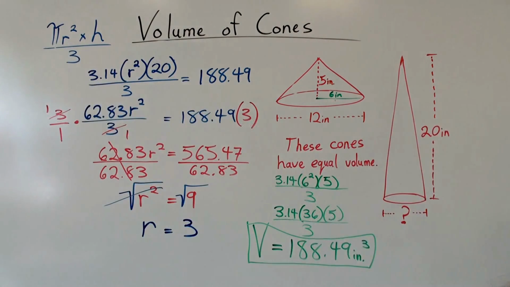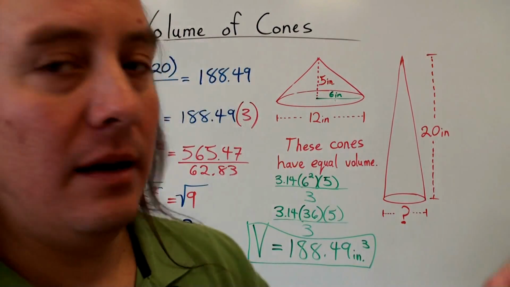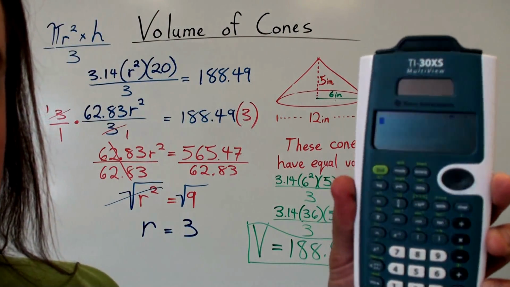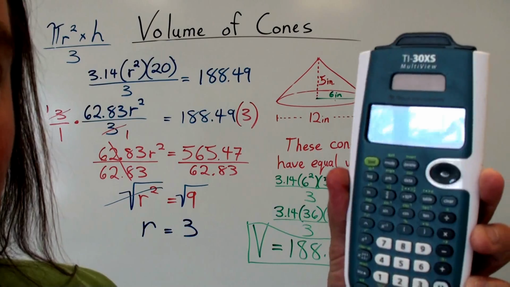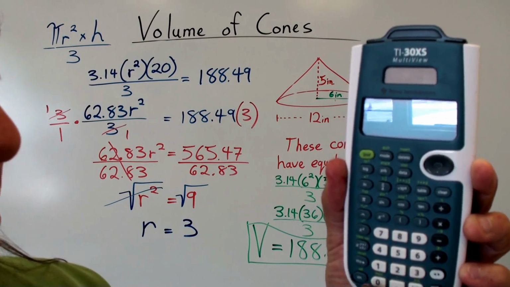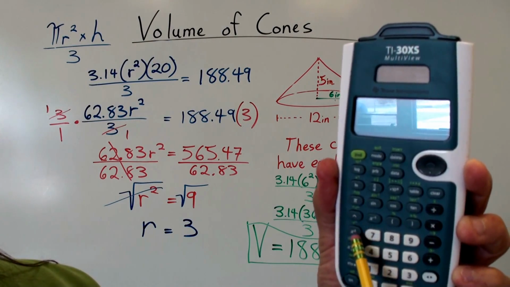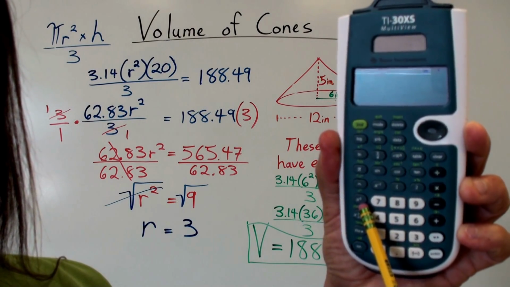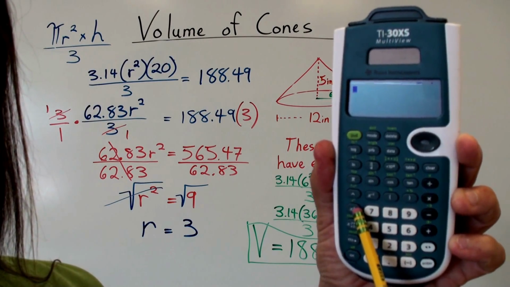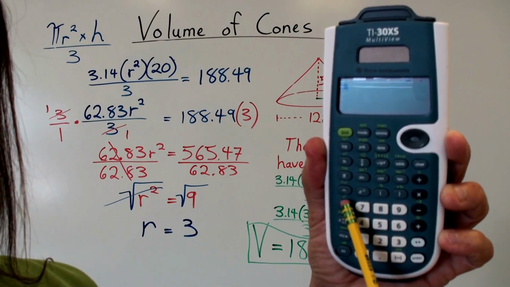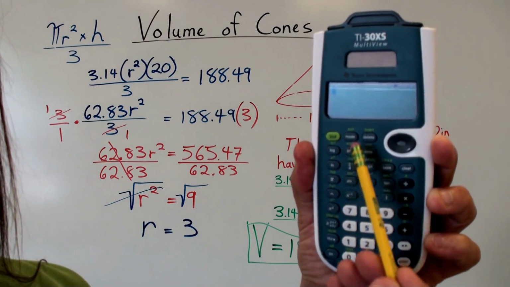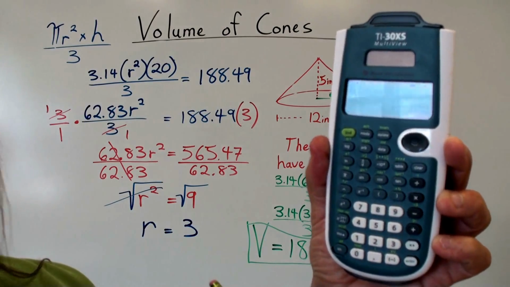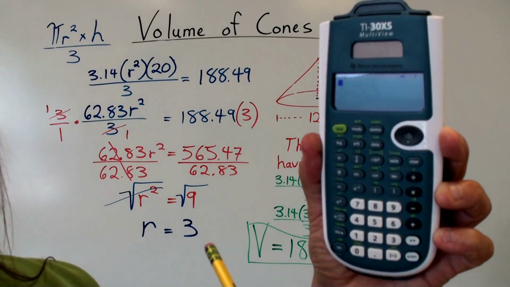And I'll just do it because I always try to show you guys. I can't figure out where the light is. Okay, so again, to get the square root of something on this calculator, it's this little x squared button. But I don't want x squared. Actually, I'm going to hit that button, but I'm trying to get that little function that's in green above it. The square root. To do that, I have to hit the second function, which is the green function.